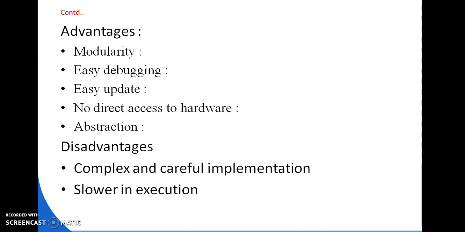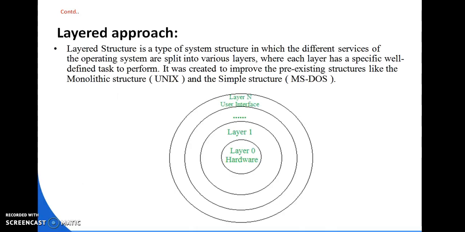It sends a request through all the layers placed between layer n and layer 0. That's why it is slower in execution. It increases response time, because all the responses go through all the layers between layer n and layer 0.